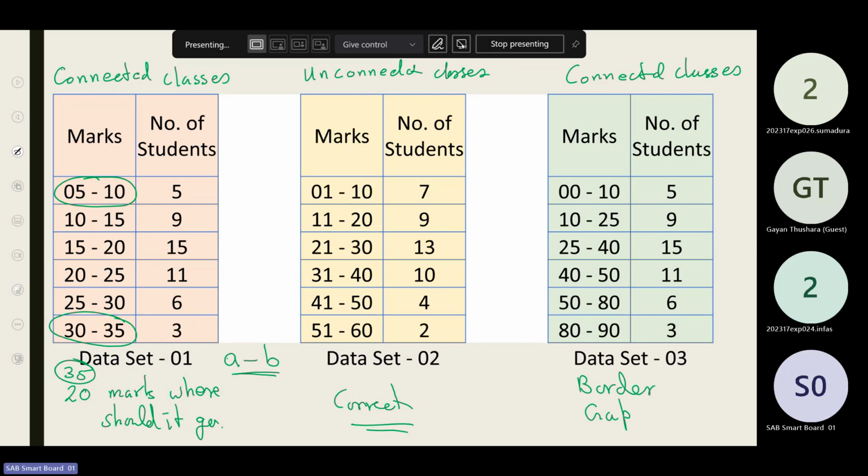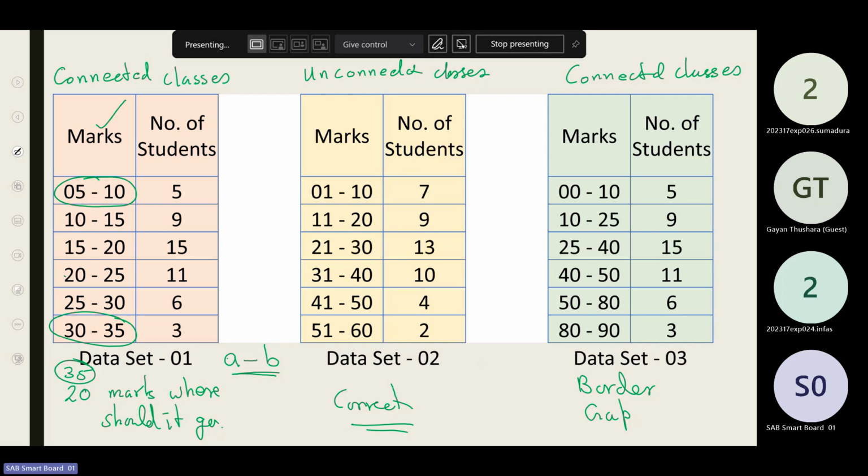So then that issue is rectified. So that's how it is developed. All the classes are from A up to B, not B. The last class will be containing both the borders. So this is no problem. That data set is okay, and the class widths are the same, equal class widths and also connected.